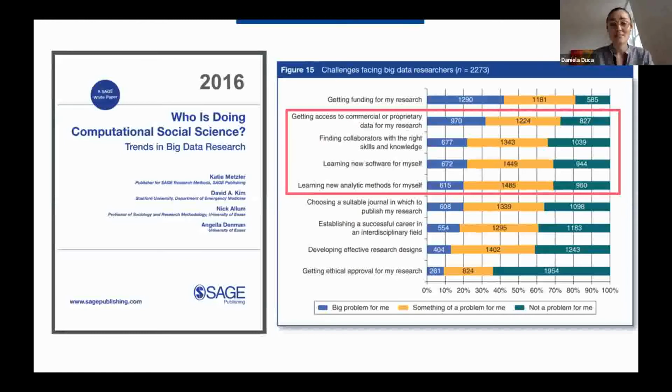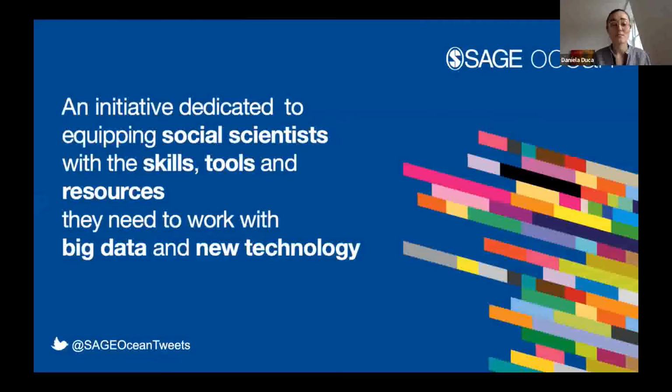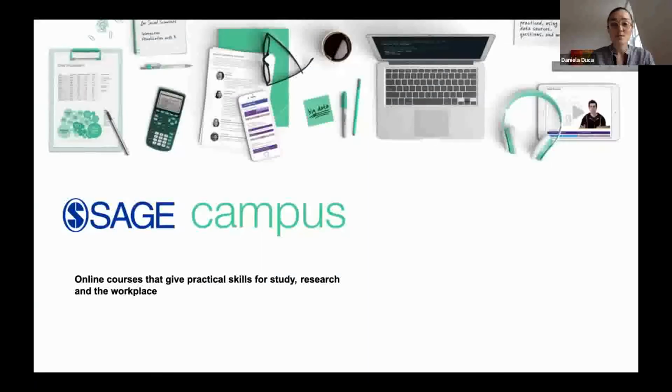And that's really how Sage Ocean was born, as an initiative within Sage dedicated to equipping social scientists with the skills and tools and the resources that they need to work with all this new big data and new technology. One of the first products we came up with is Sage Campus, a collection of courses that are quite practical for studying and improving the new skills.